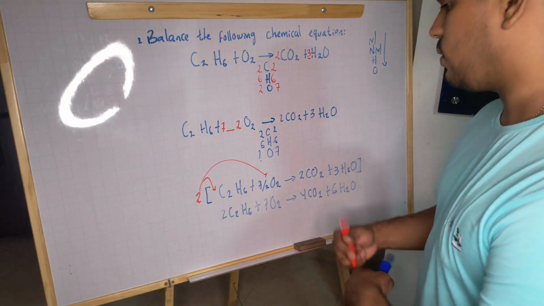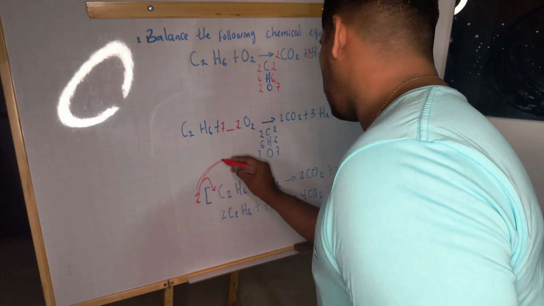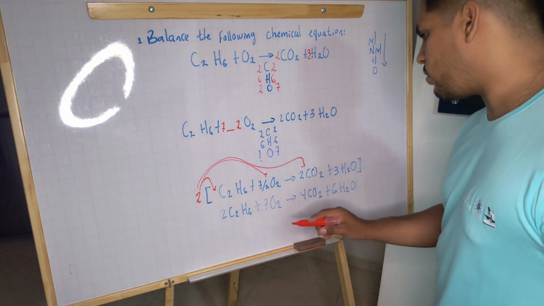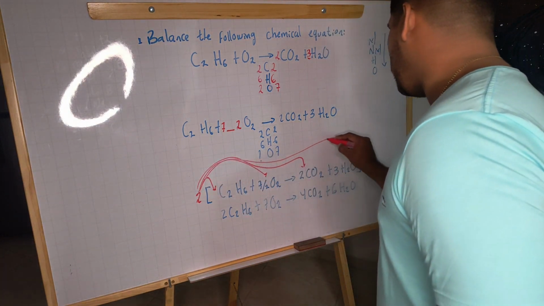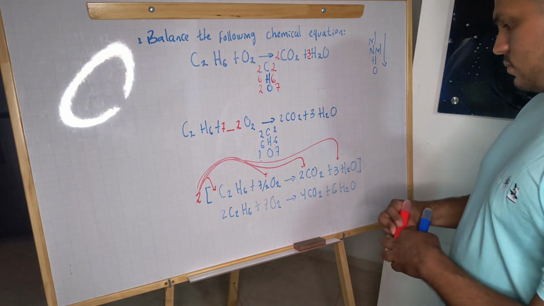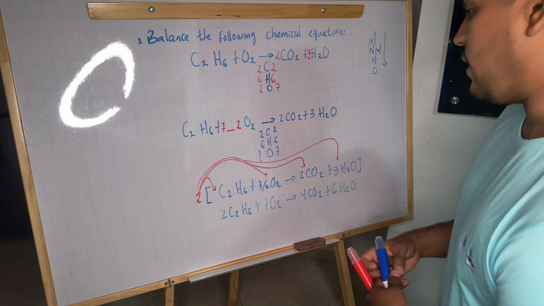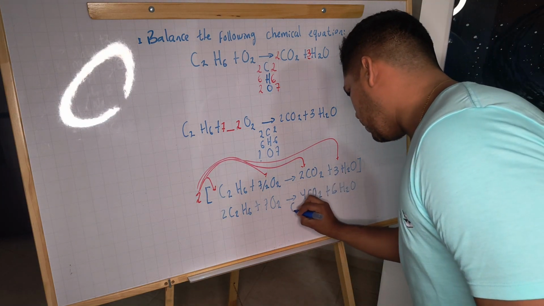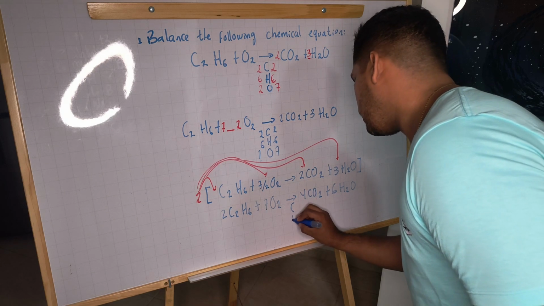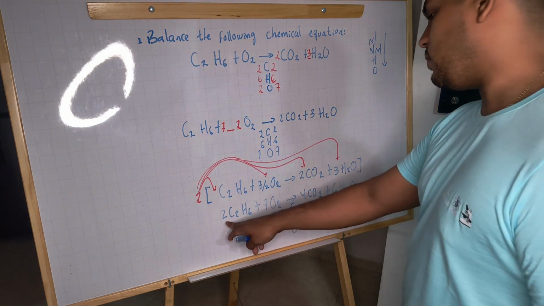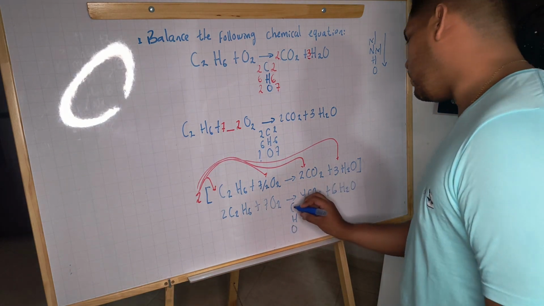Okay. So I'll continue doing the same with this, right? 2 times 2 gives me 4, and keep going, 2 times 3 gives me 6. So at the end, if I compare every single atom in both parts of the equation, I will find that I will have 2 times 2, 4 carbons.